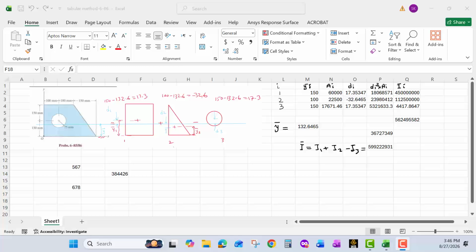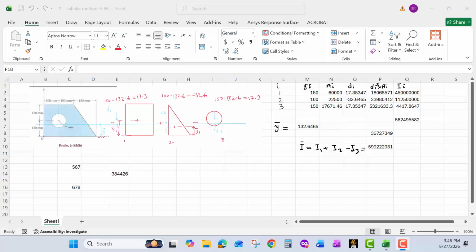Okay, second moment of area is a very significant geometrical quantity which is related to the flexural stiffness of a section like a beam, and the larger the second moment of area, the stiffer the material, and the larger I, the smaller the stress induced inside the structure.